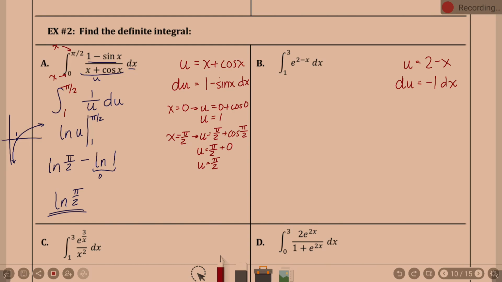We're going to have e to the 2 minus x be e to the u. I have dx. Do I have a negative 1?